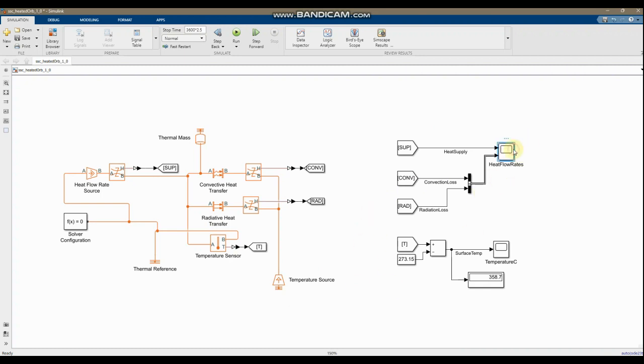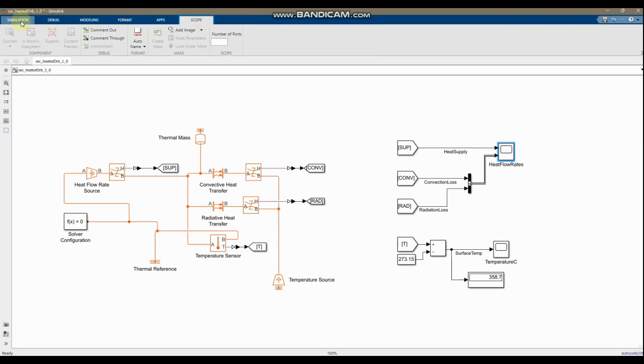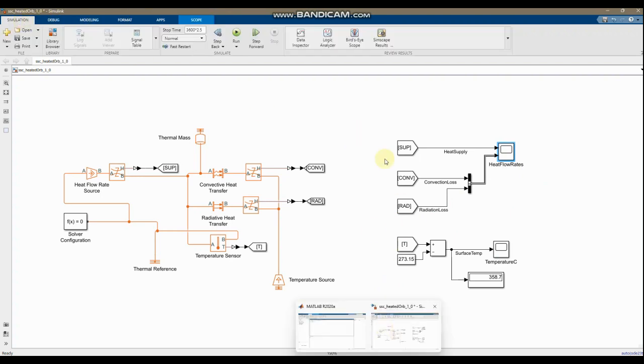Right, so now I have run the simulation and just let me open up the heat flow rates. So we'll have to wait a bit until it opens.